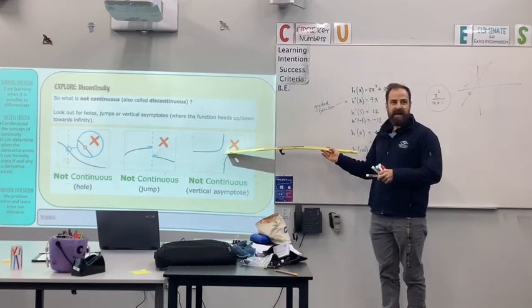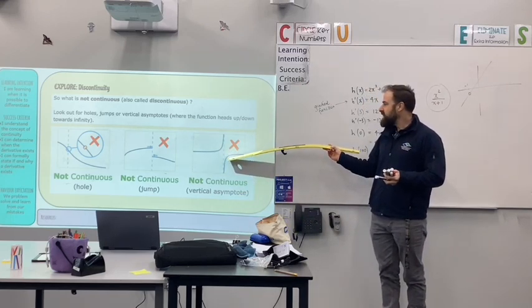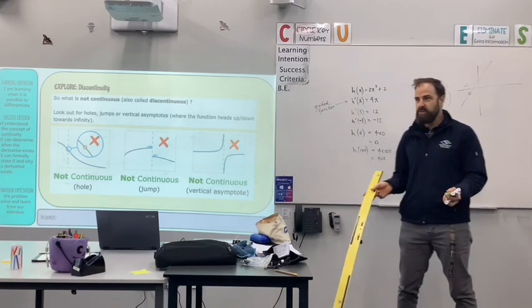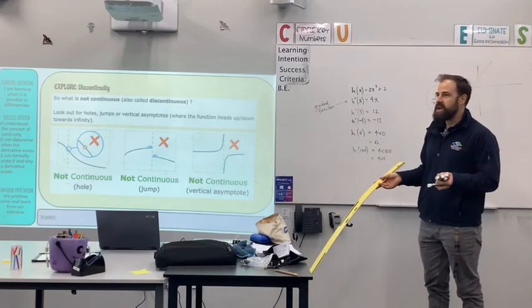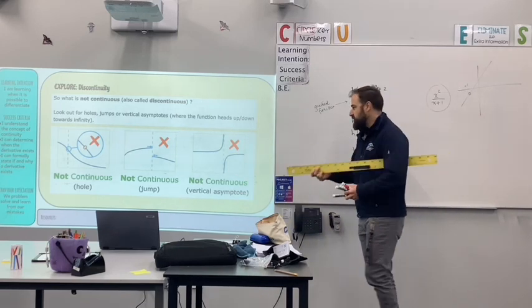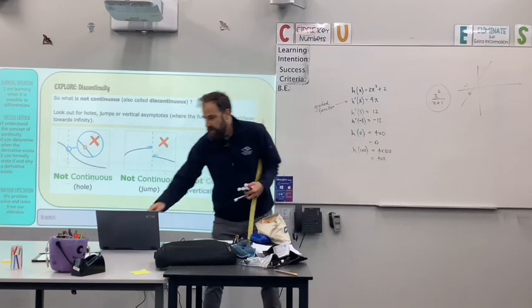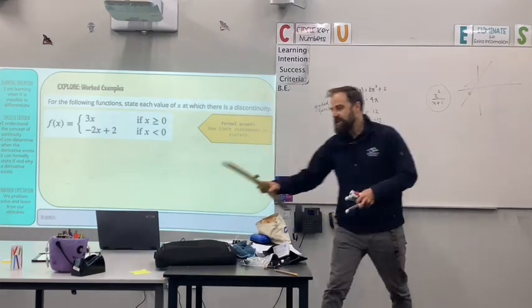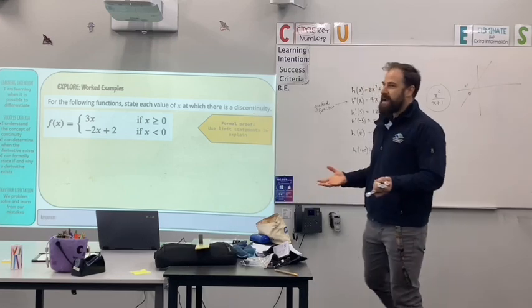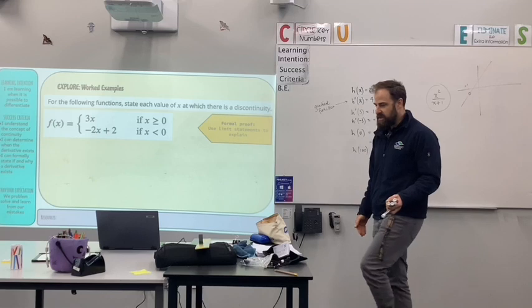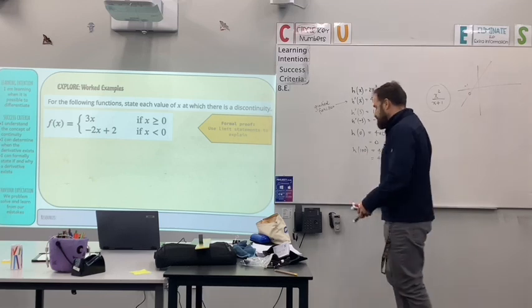And then as Nyasha and Brigitte said, if we've got a hyperbola or a truncus, the vertical asymptotes create a jump in the graph, so the graph would be non-continuous. As I said, the idea of lifting your pen off the paper is not a formal definition of continuity.